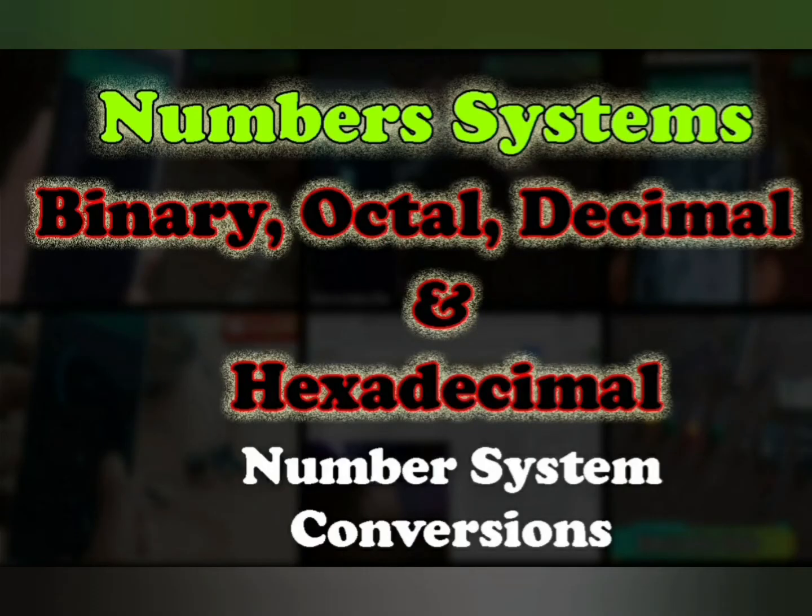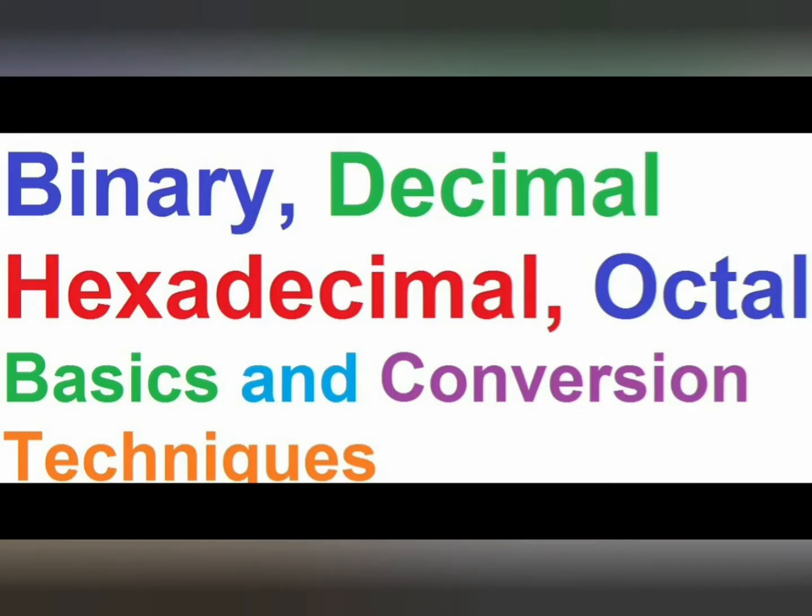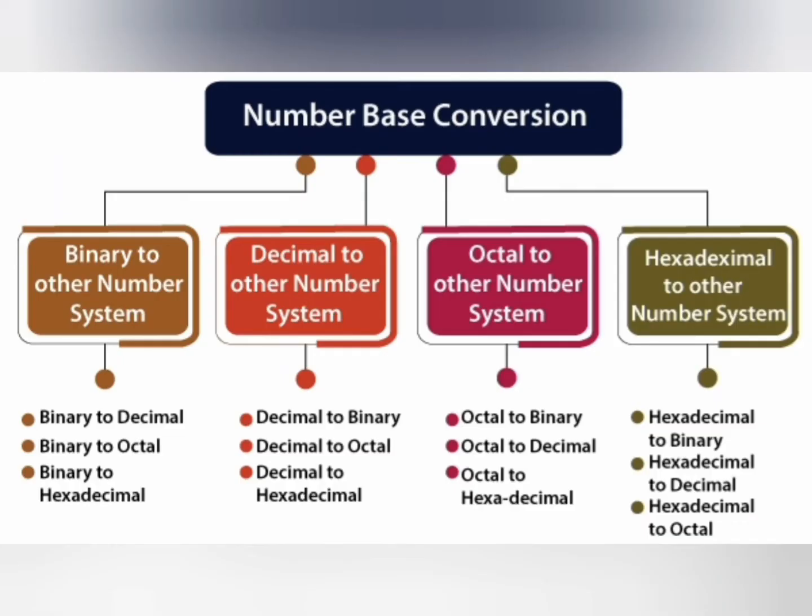So let's see which number conversions we need to learn in this chapter. First, binary to other number systems: binary to decimal, binary to octal, binary to hexadecimal.